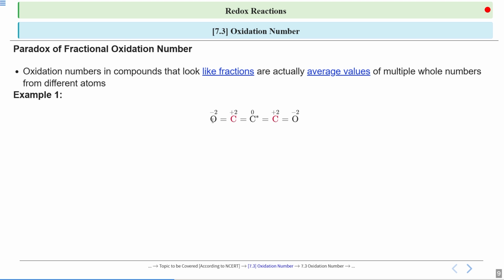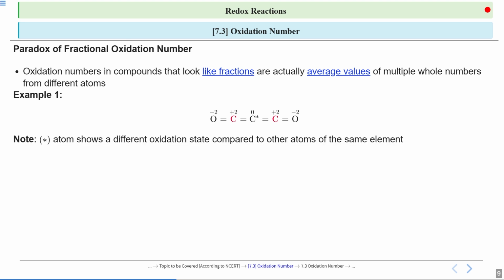In the structure of C3O2, the middle carbon has an oxidation state of 0, which is marked as a star, while the adjacent carbons attached to this central carbon have an oxidation state of +2, and the oxygen has an oxidation state of -2.